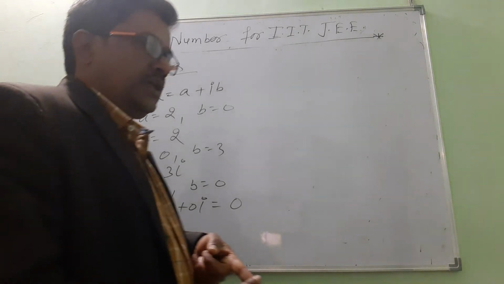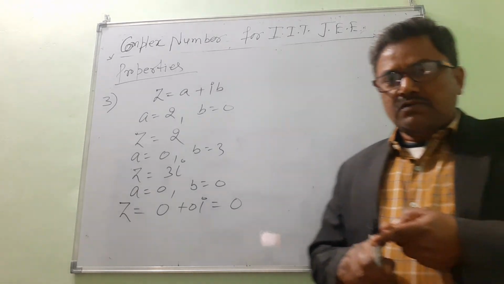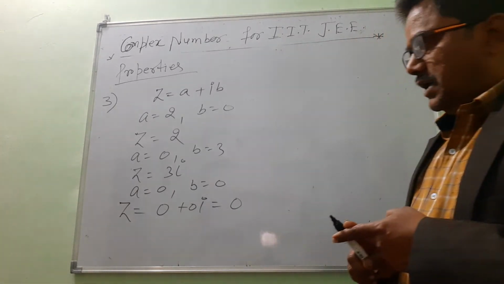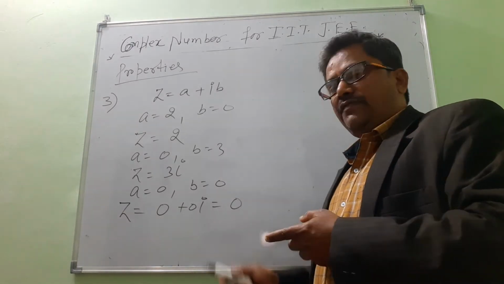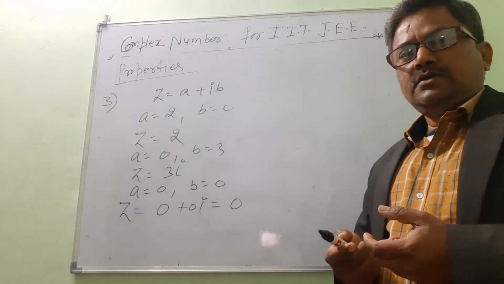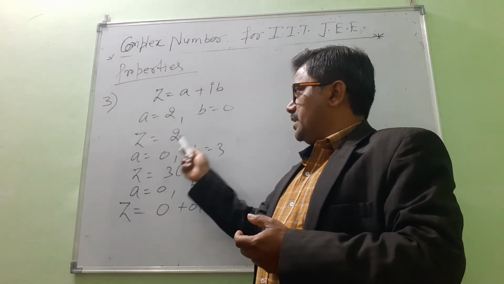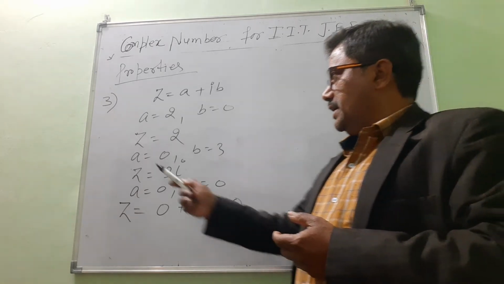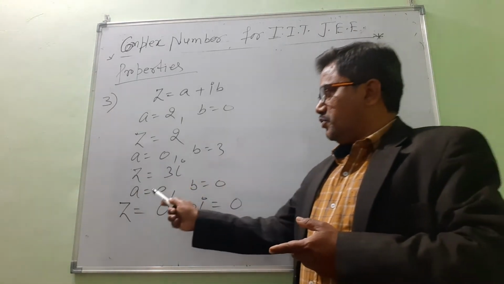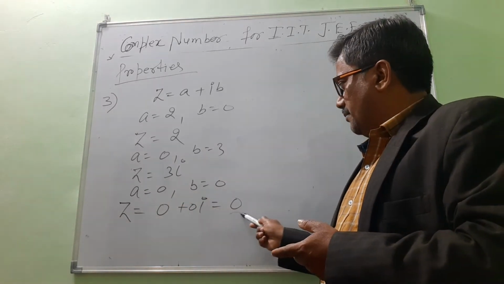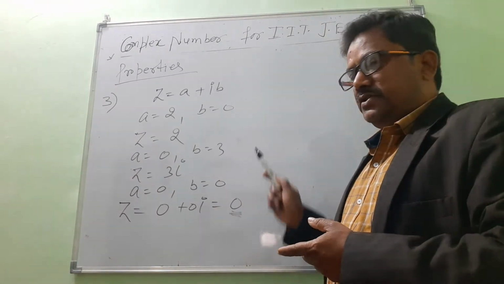Now if we put both a equal to 0 and b equal to 0, we get 0.